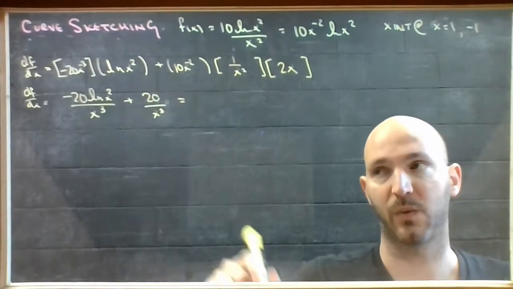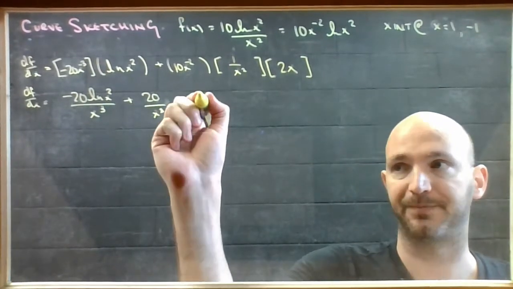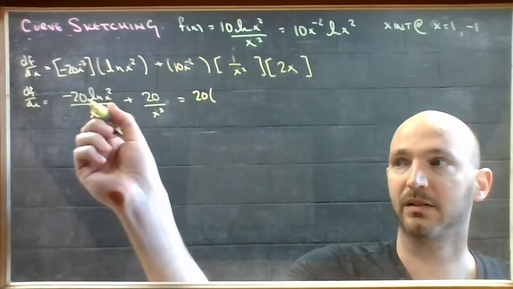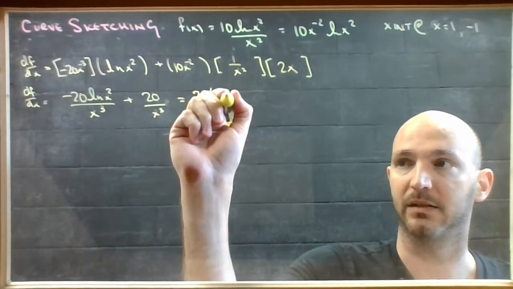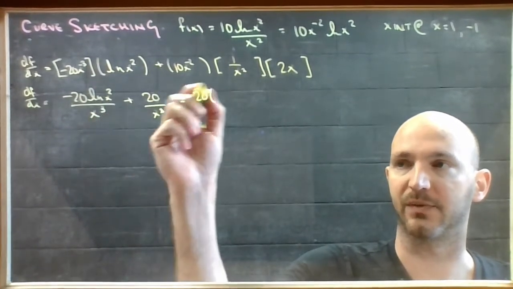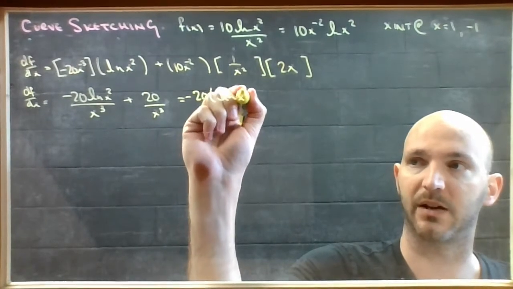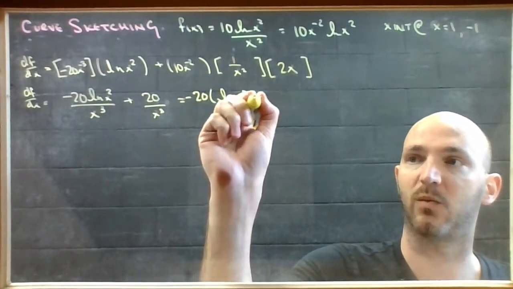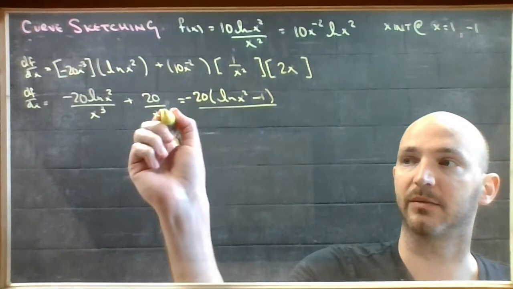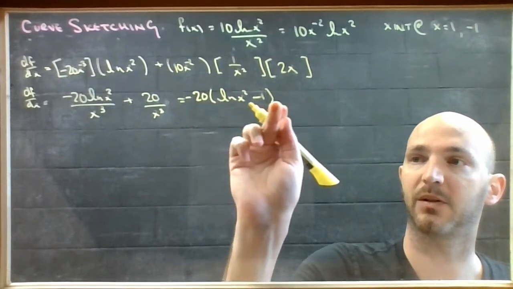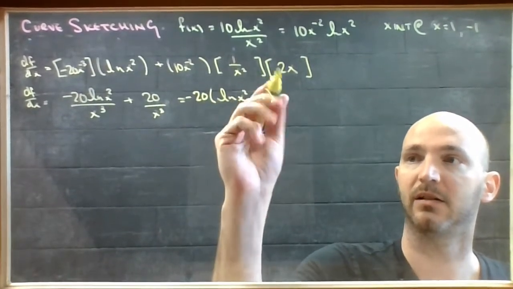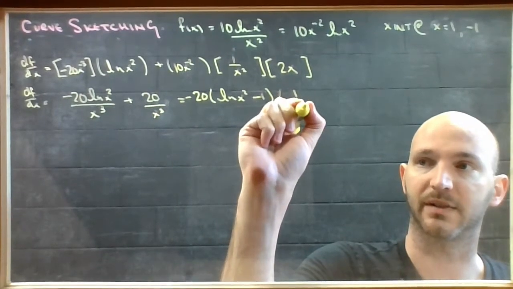I have a factor of 20 in both terms, so I'm just going to pull them out. I'm going to pull out a negative 20 just for fun, leaves me with ln x squared in the first term and negative 1 in the second. And I'm going to write that as a thing multiplied by 1 over x cubed.